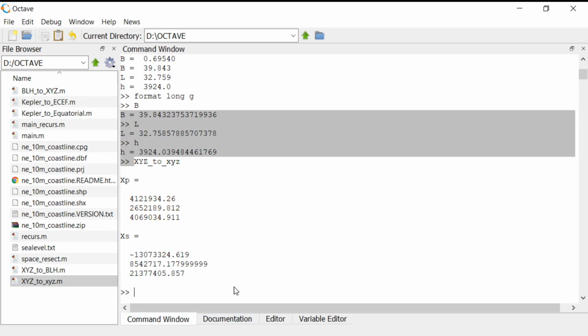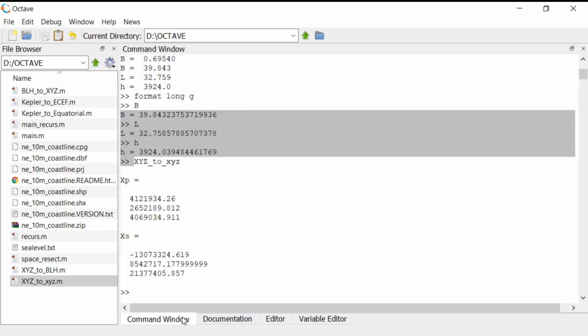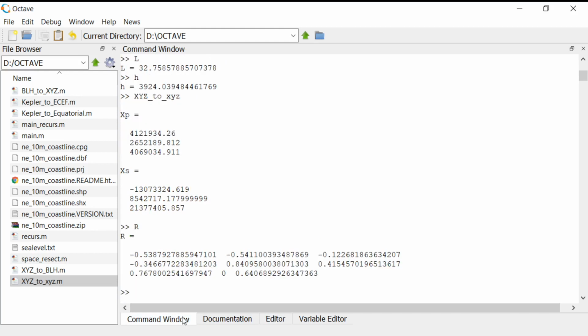No computation has been carried out already, but I can see now my rotation matrix R. As you can see, this is a 3 by 3 matrix, and we know the property that the inverse of a rotation matrix will be equal to the rotation matrix transpose. So this means the difference between these two matrices will result in a 3 by 3 zero matrix.